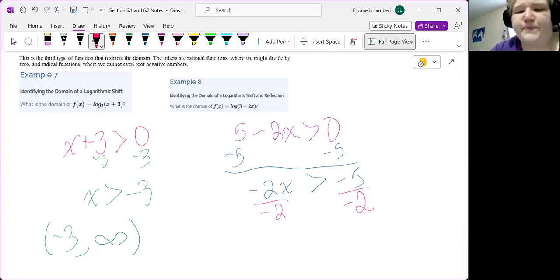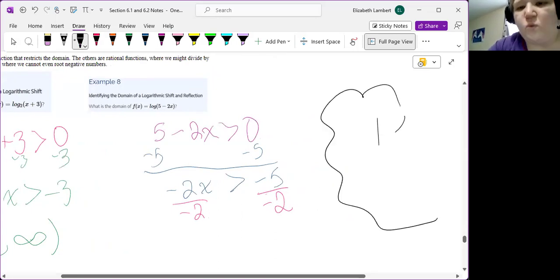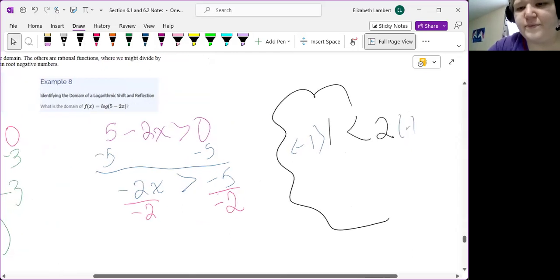qualification to them. And that is, if you ever multiply or divide both sides by a negative, it flips the direction of the inequality. If I have, so let me just kind of thought bubble over here. If I have 1 is less than 2, and then I multiply both sides by -1, then I would have -1 and -2.